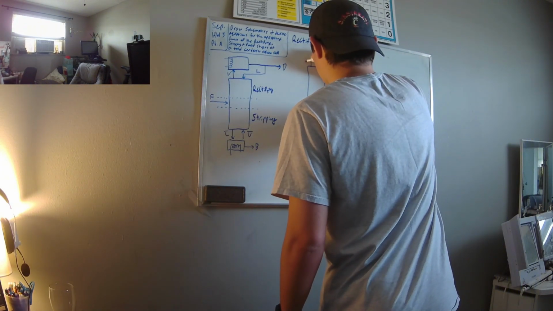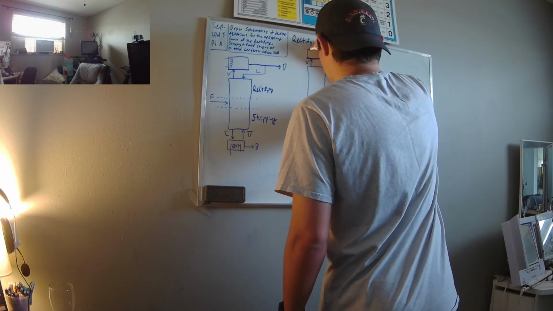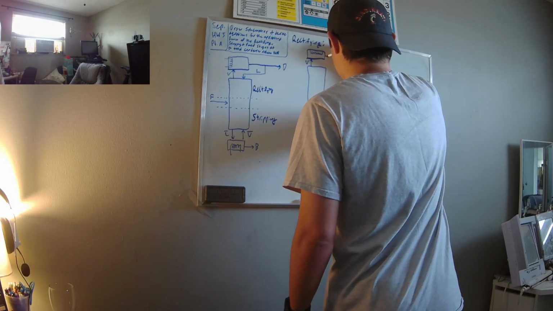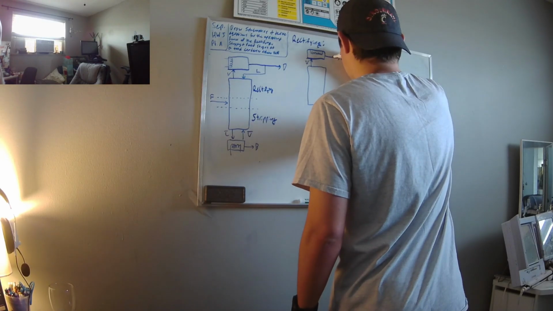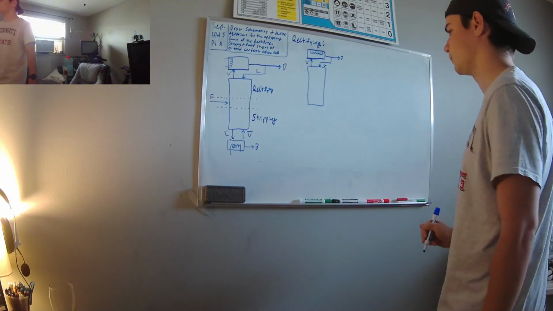As we know, we've got V coming up and out of here into our condenser. And then coming out of our condenser, we've got our distillate and our reflux stream L.